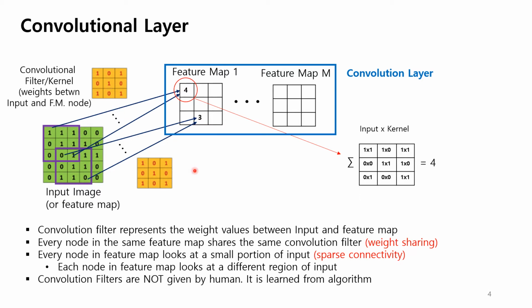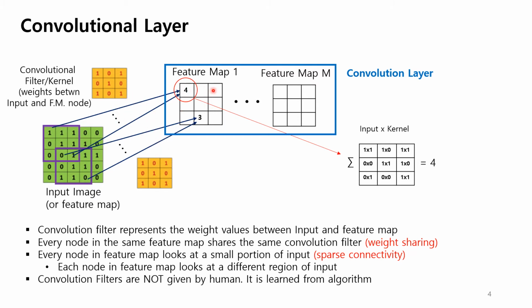So these are two main differences in the convolution layer of CNN. The first one is that a node in a feature map is connected to only a small portion of the input. The second difference is that for each node, its corresponding weight values are identical.